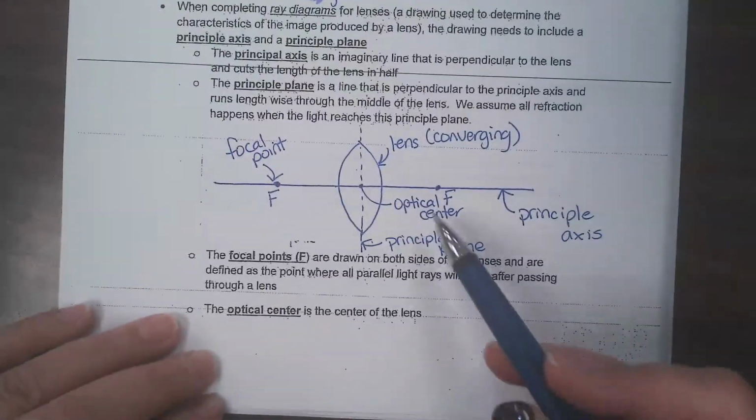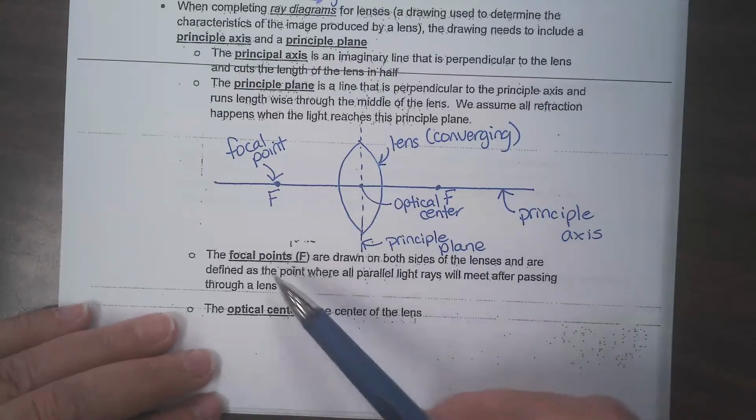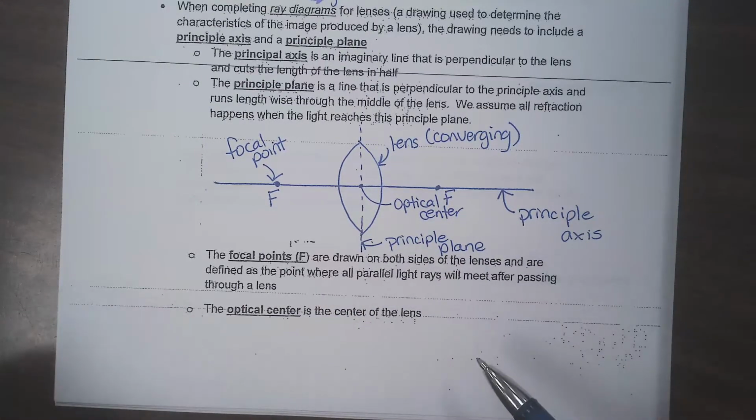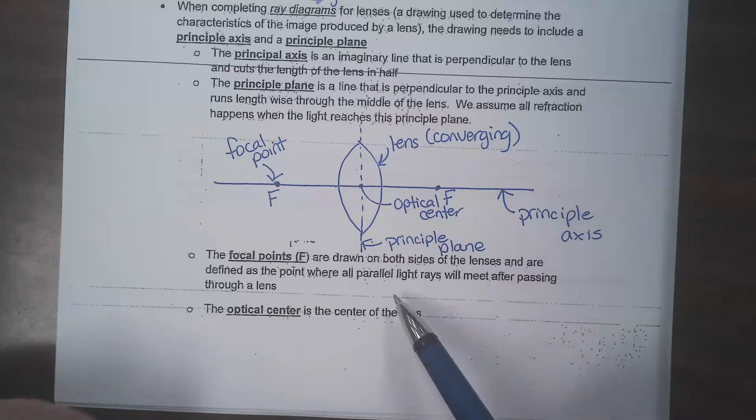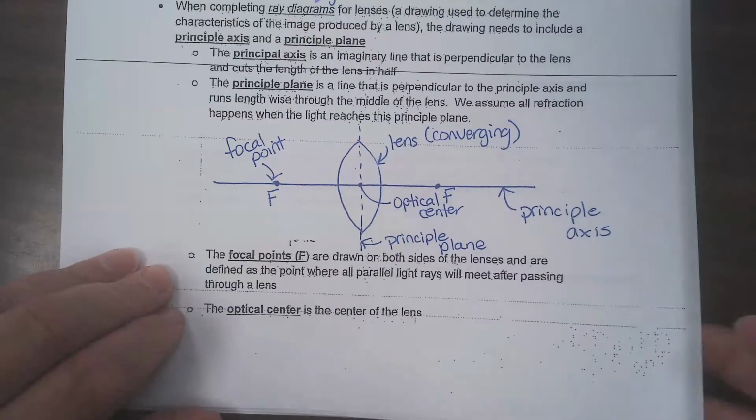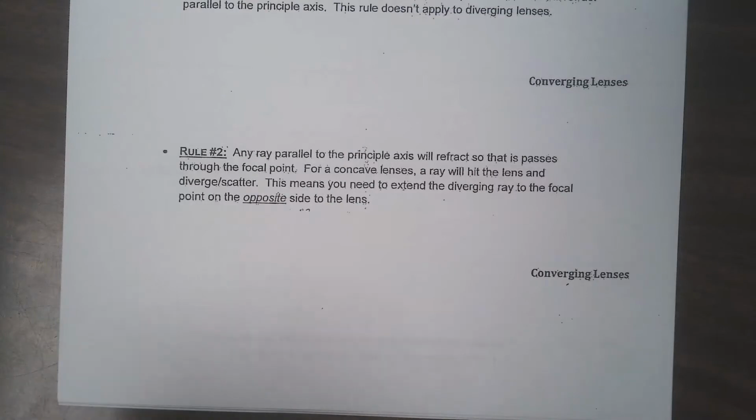Okay, so the optical center is dead center, and focal points are drawn on both sides of the lens, and they're the point where the parallel light rays meet after passing through a lens. It's like two ships passing in the night.